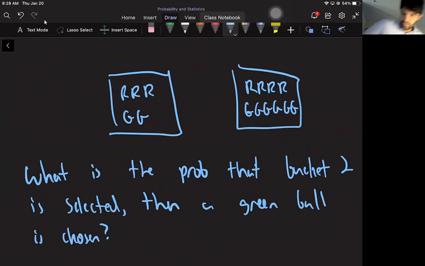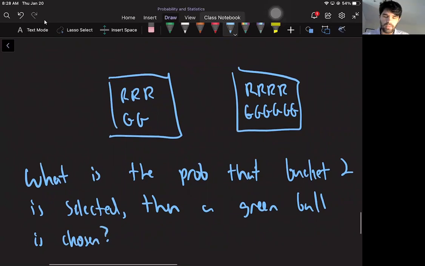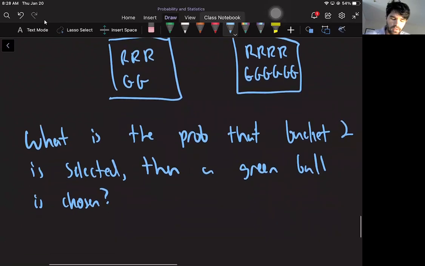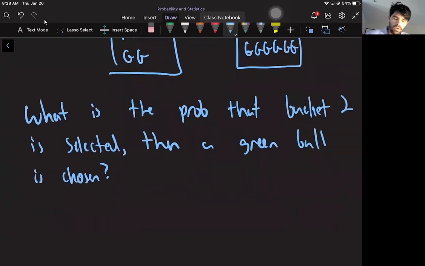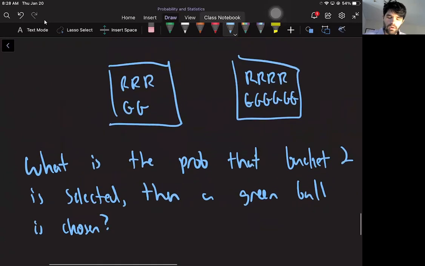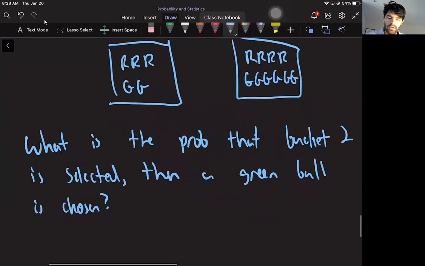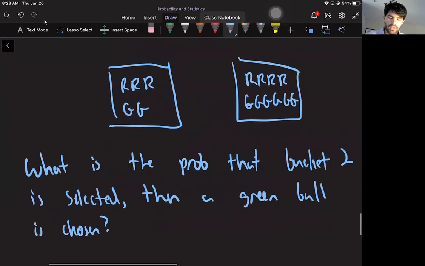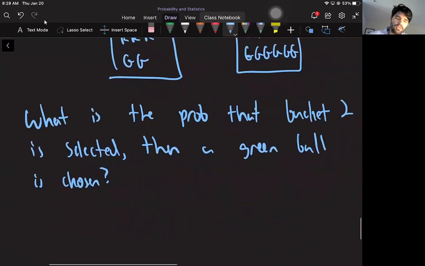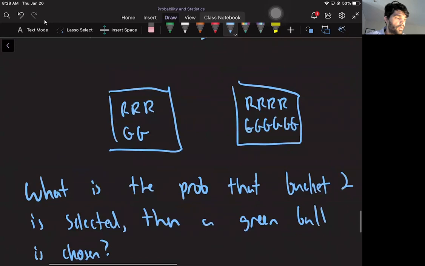Okay, so let's tackle a problem like this. First, we got to make events to make everything very clear. So what are the events, and is there a partition? So the partition, if you just think about this as I'm just going to choose a ball randomly, then you can say I'm either going to choose the balls in bucket 1 or bucket 2.